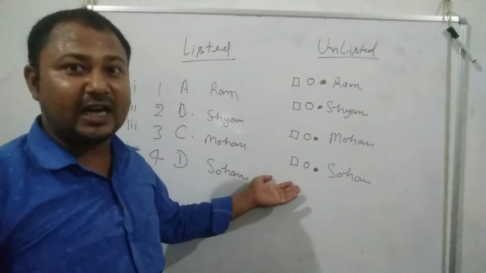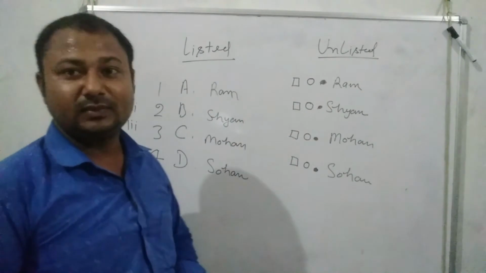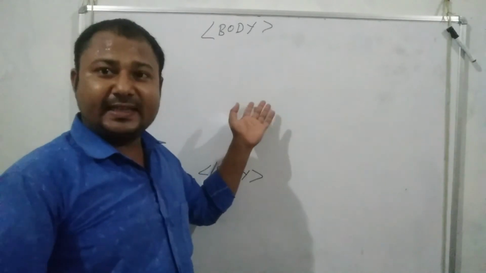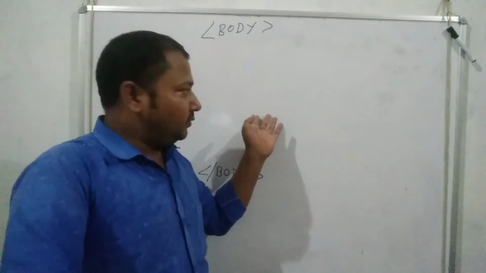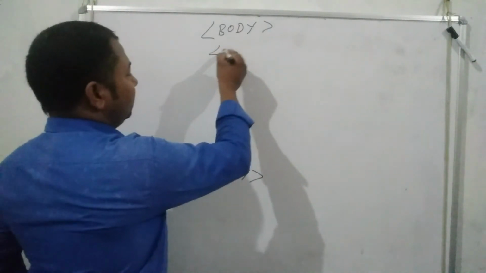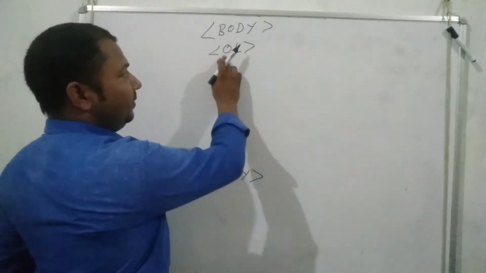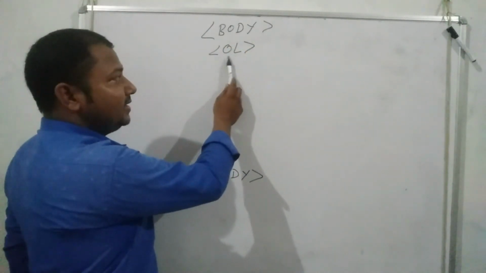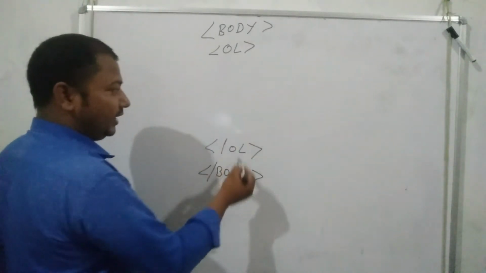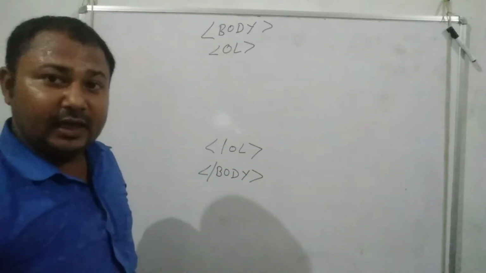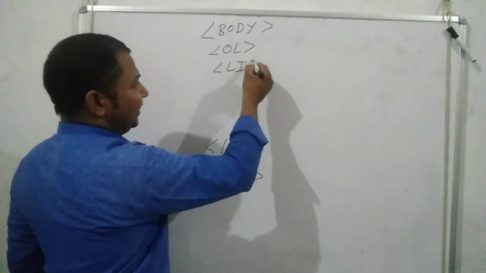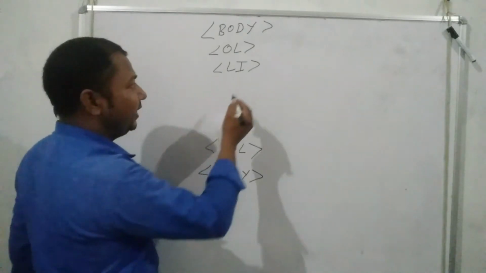So let's start with listed. For a listed list, we have to start with OL, meaning ordered list. OL means ordered list, and this ordered list will close at the end of the list. Inside the ordered list, we have to use the li tag. li means list item. Okay?